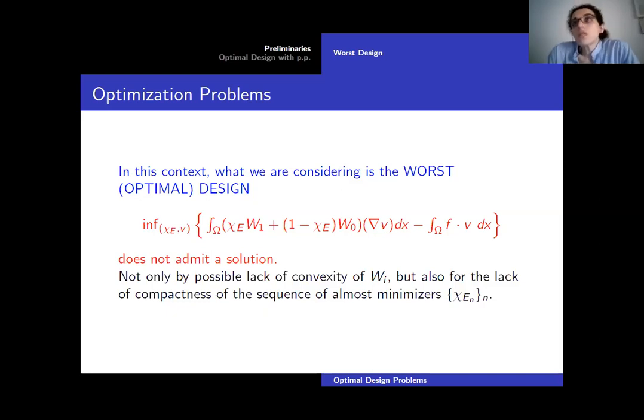And of course, this is not what you want to understand what is your limit configuration, because a function that takes all the possible values between 0 and 1 does not describe then really a set like your initial one, E_n.